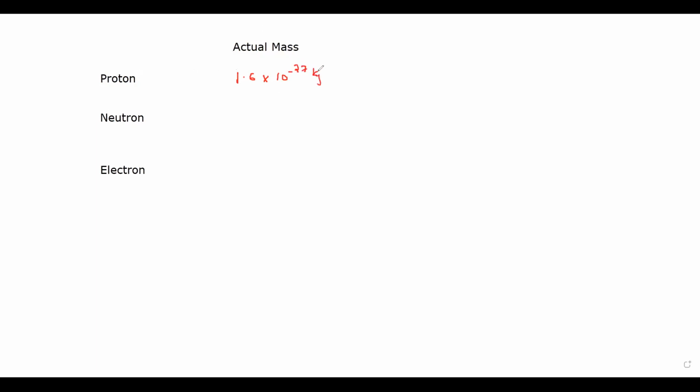This is the mass of the proton. The mass of a neutron is 1.6 into 10 raised to power minus 27 kilogram. And the mass of an electron is 9.11 into 10 to the power minus 31 kilogram. These are their actual masses. But when we take a relative mass, what is the meaning of relative mass?